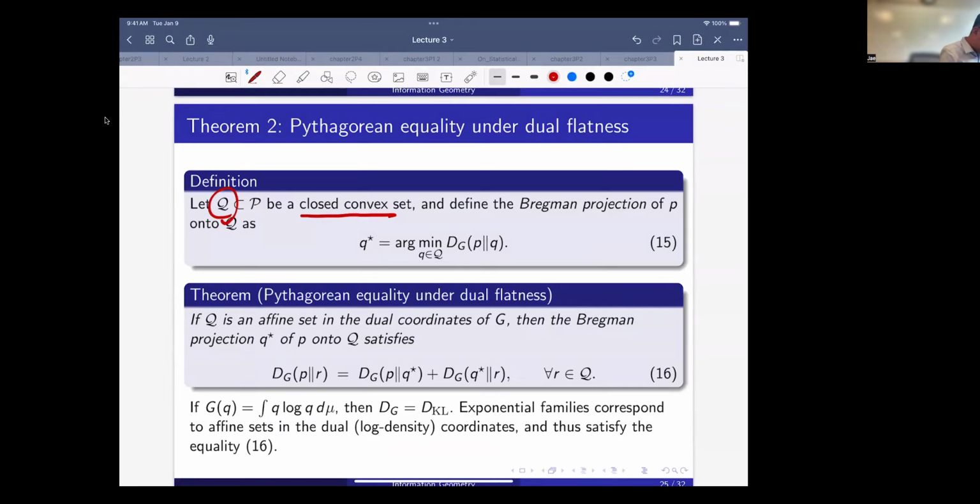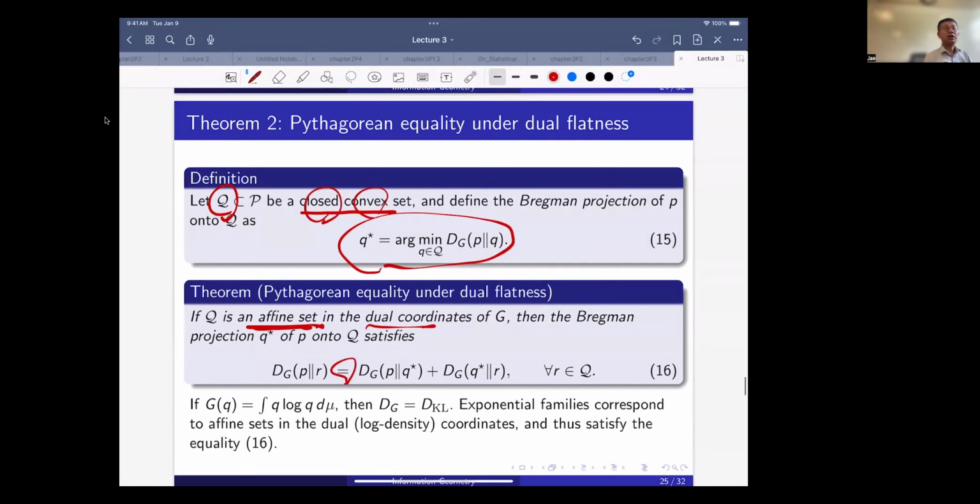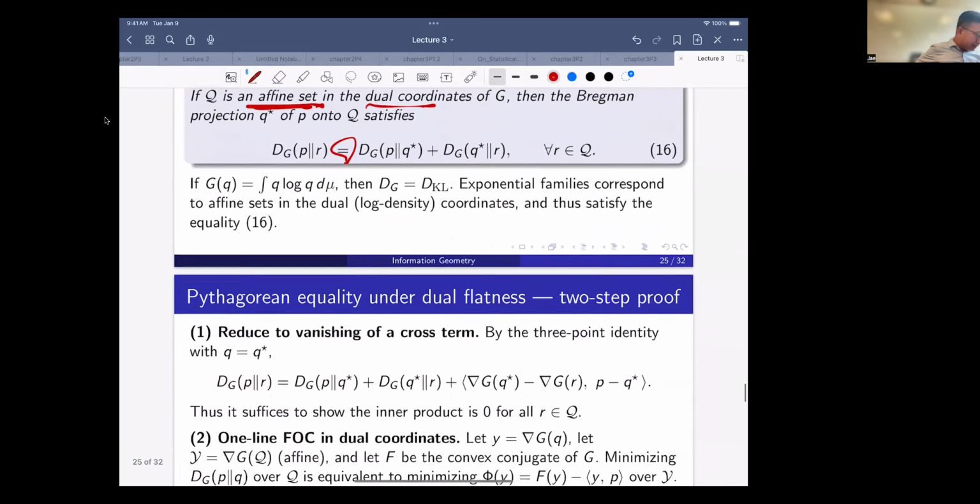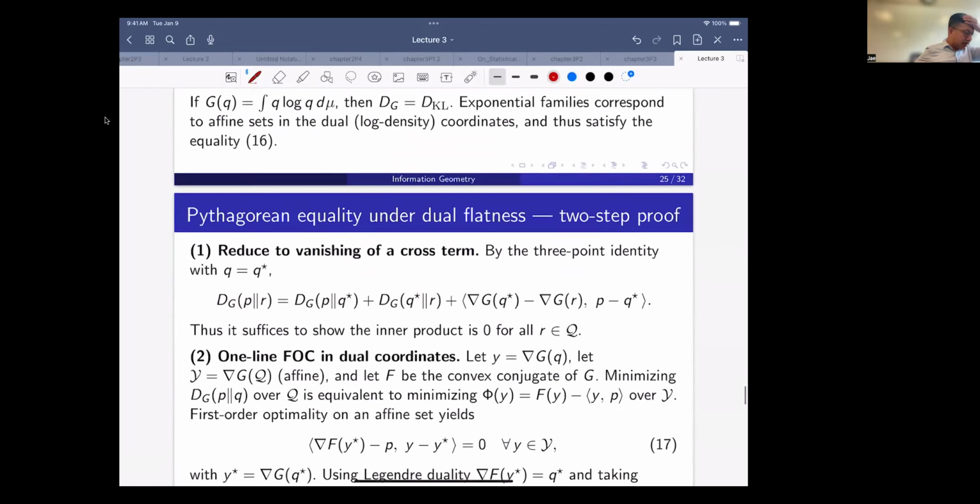Q is just closed and convex. But we need an affine set in the dual coordinate. Then we have equality and orthogonality. So that is basically the key idea.